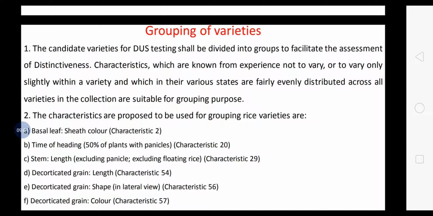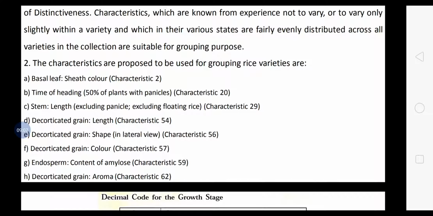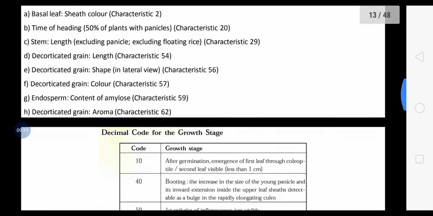The colors are observed along with endosperm character, then decorticated grain, aroma character for basmati type of rice are also used for grouping the varieties.